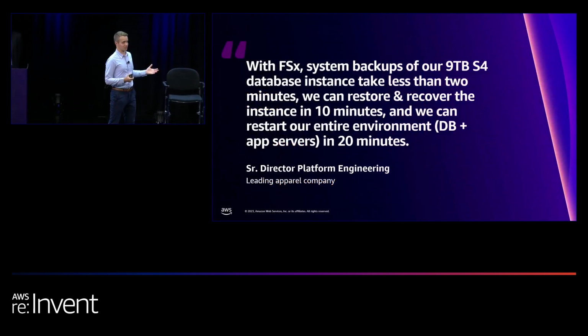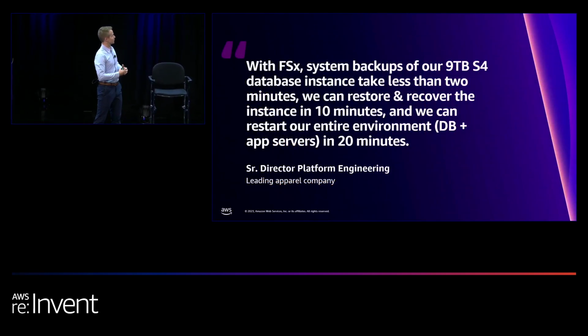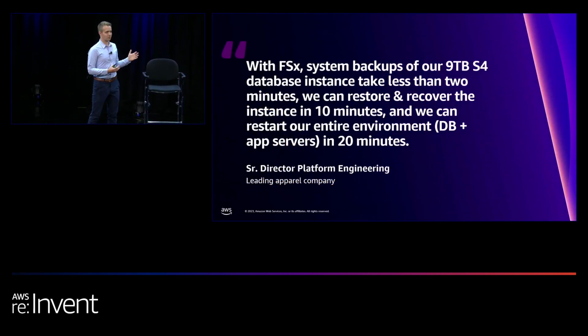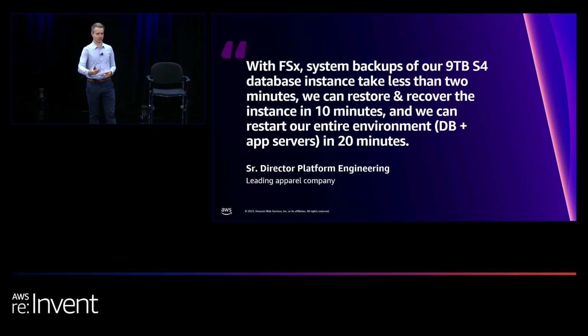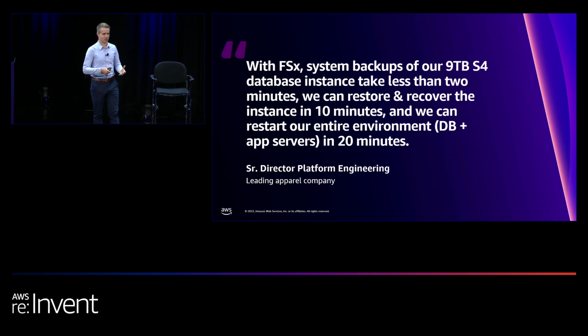I'll give you one example. This is a direct quote we got from one of our customers. I'm not going to read it out loud, but it speaks to just how quickly they're able to do all of these recovery and restore operations by leveraging snapshots. And this is compared to multiple hours if they didn't have snapshots.